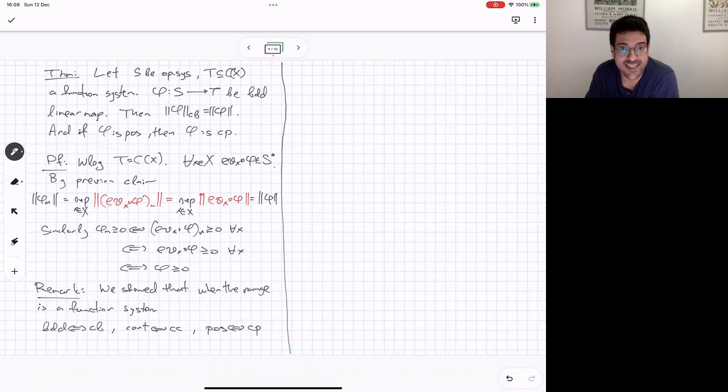So no surprise in this area if the range is commutative. What about the domain? The same thing goes for the domain. It is a bit more difficult, but let's do it. This will be the last thing we're going to do today.